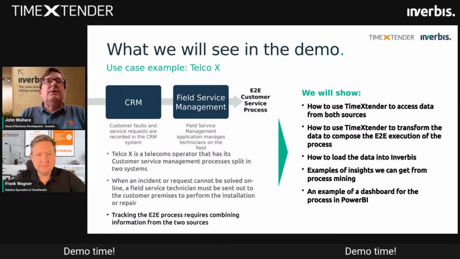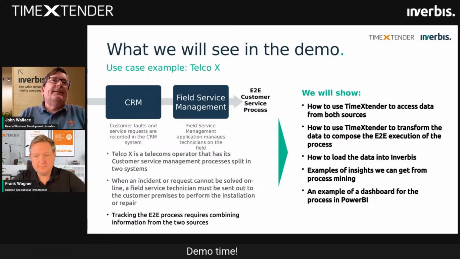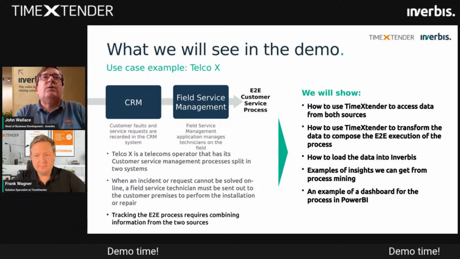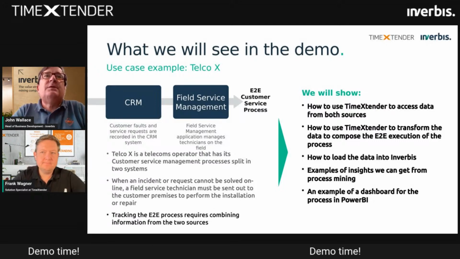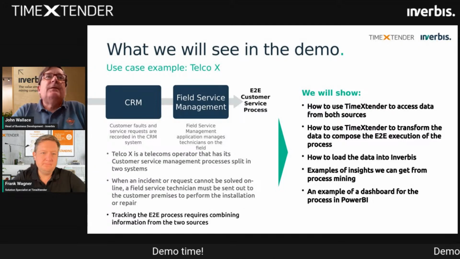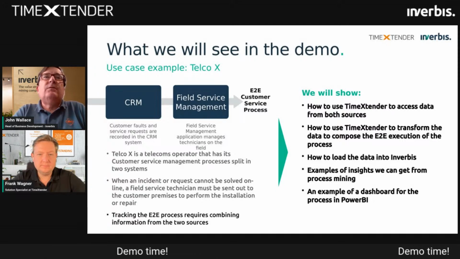So what we've done with this is we selected an example of a use case where we would have 2 source systems. This case would be a telco, and this telco has its incident management process divided into these 2 systems. Generally, they have many more than this, but let's simplify the case.